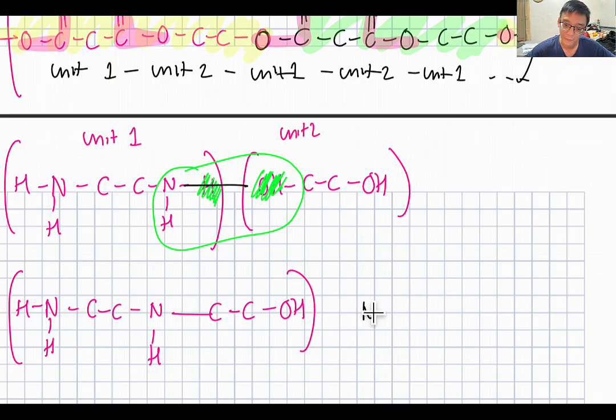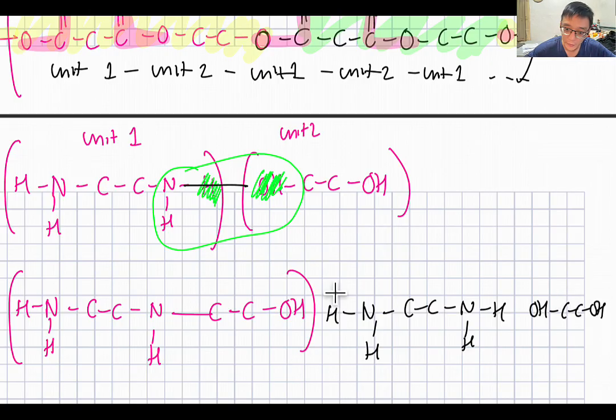So let's say that you have now another NH2, something like this, and you have another, let's say, alcohol. So here for sure you will bind here. You take the OH and you take the hydrogen, then you bind here. Then here also you take the hydrogen, you take the OH. Then you expel water. Water here, water here.